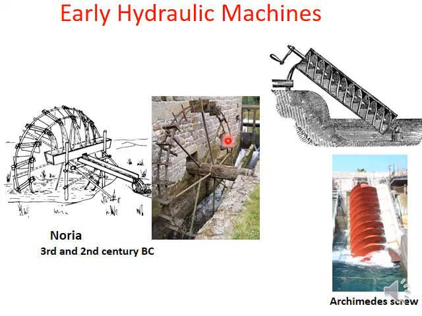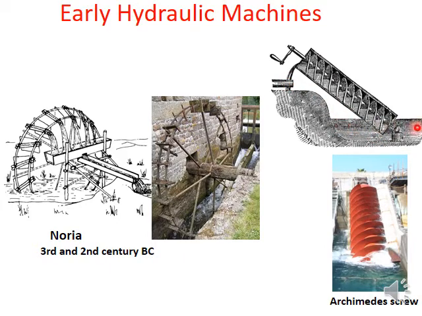Say this rotates due to the flow and a torque is generated in this axle or the shaft, and that mechanical energy is used inside this factory. And similarly, the Archimedes screw had been used to pump water for irrigation purposes.